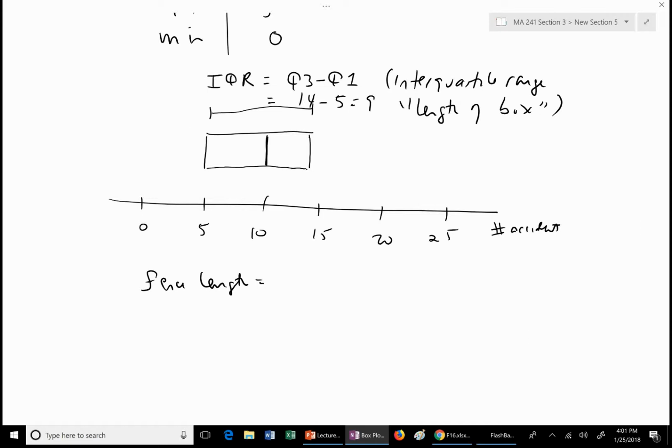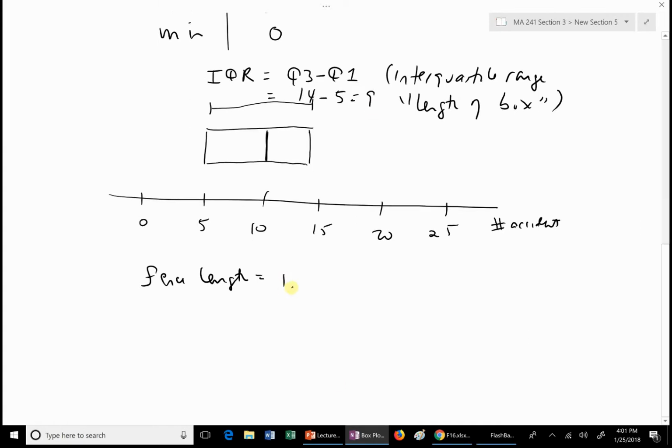And the way we're going to define this fence length is going to be 1.5 times the length of the box. So this fence length is going to be equal to 1.5 times the interquartile range, which in our case is 1.5 times 9, which is going to be 13.5.